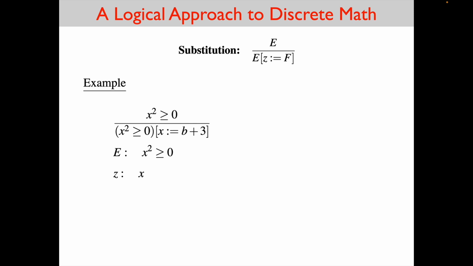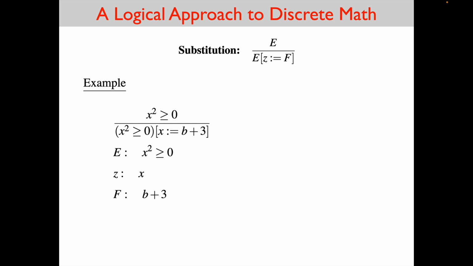And then in the general substitution rule where we have the expression capital F, remember, uppercase letters are expressions and lowercase letters are variables. Our expression F is b plus 3, where obviously the plus is a binary infix operator, b is a variable, and 3 is a constant.